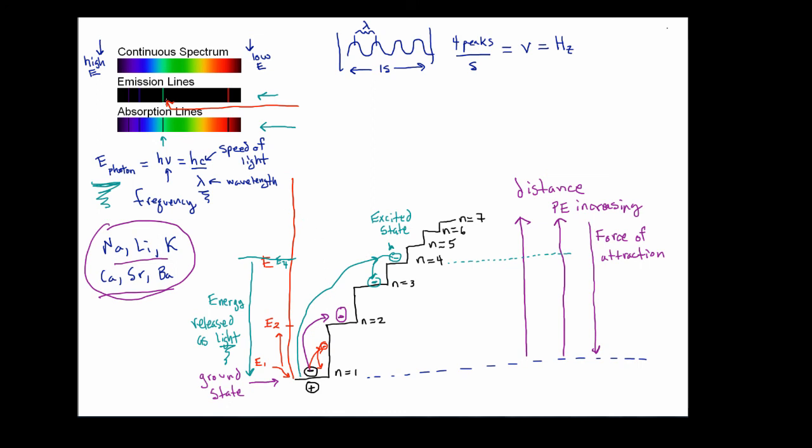And it comes off as a specific band of light that has a specific wavelength, and you can see it. So the emission lines here literally are electrons jumping back down from a high ledge system to a low ledge system.